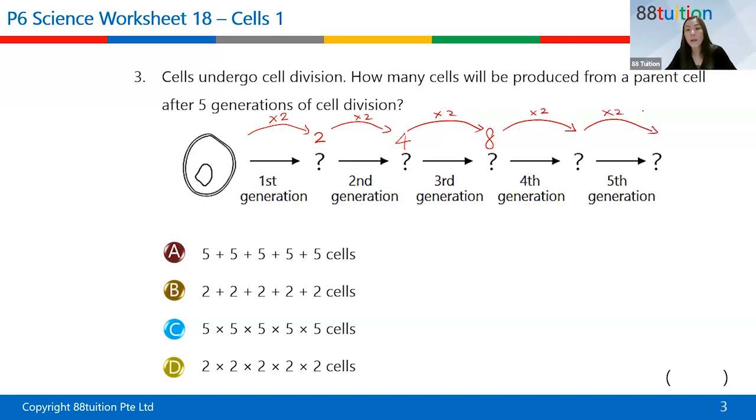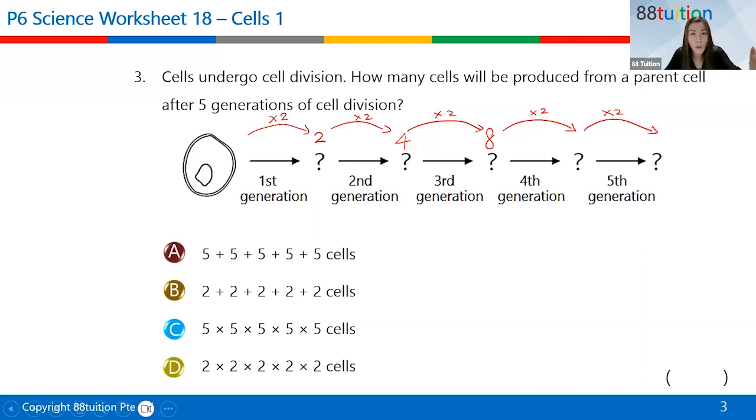So which is your answer? I have seen some answers coming in. You put down D. Even in the MCQ, I see that most of you got this correct. Some of you actually put down B. You know that it splits into 2, right? Correct, but you didn't realize that all those in the first generation will actually split into 2.